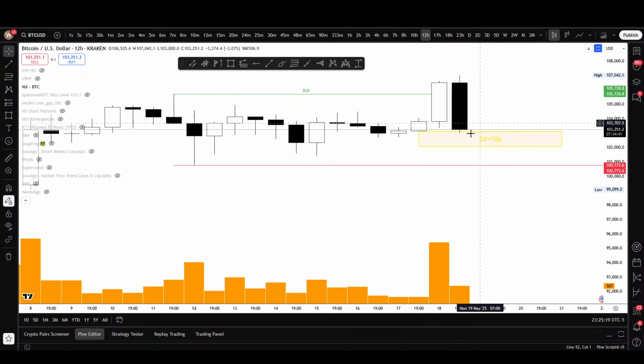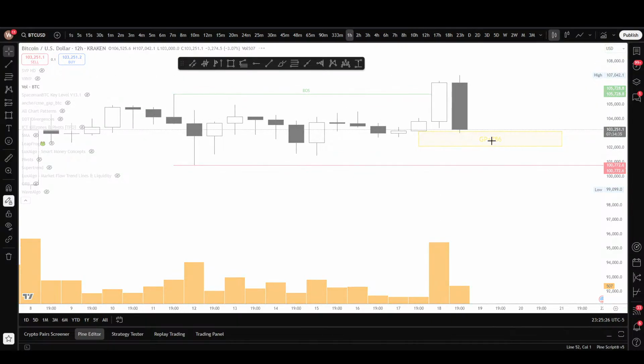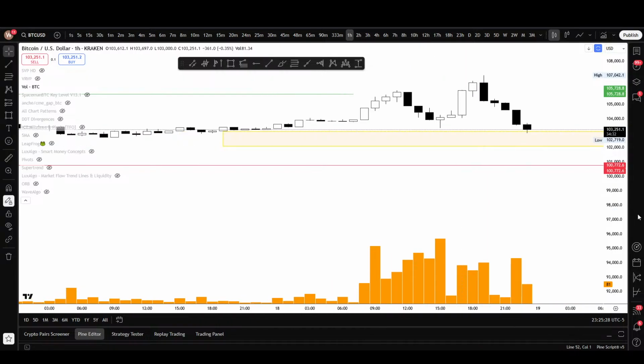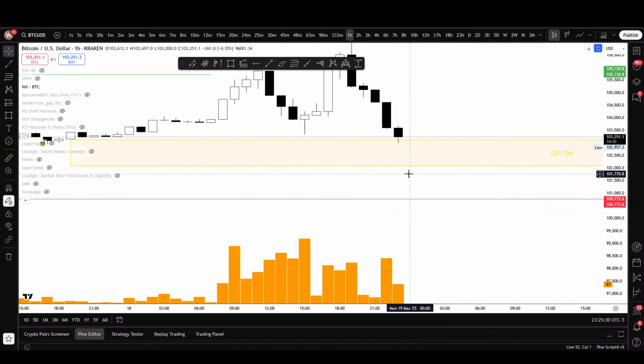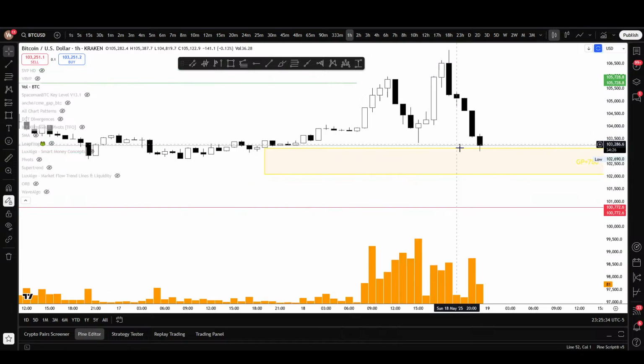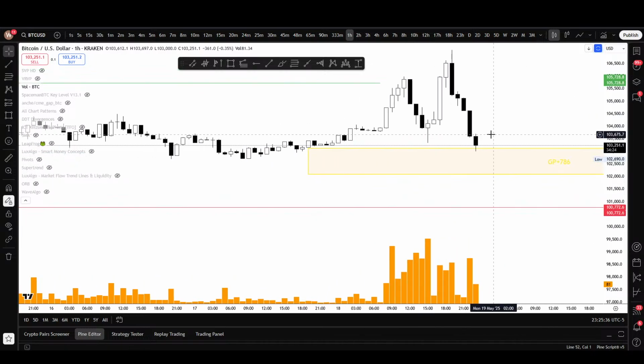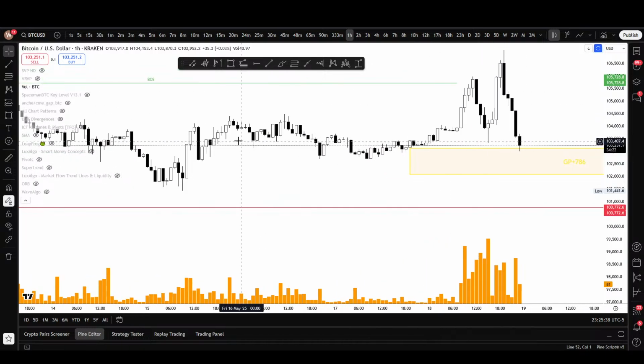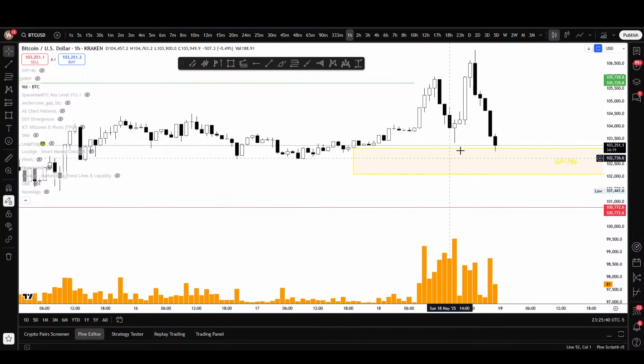So yeah, innocent until proven guilty, golden pocket retest. Look for an SFP on the 1 hour out of the golden pocket. Yeah, this doesn't look bad. Just looks like a giant megaphone.